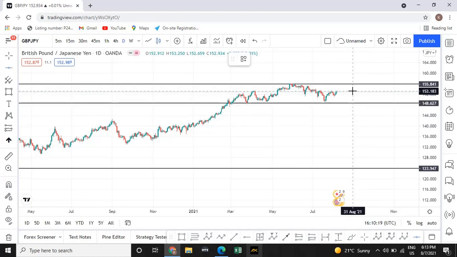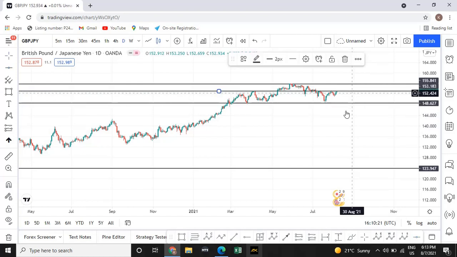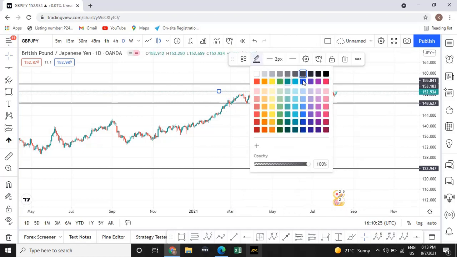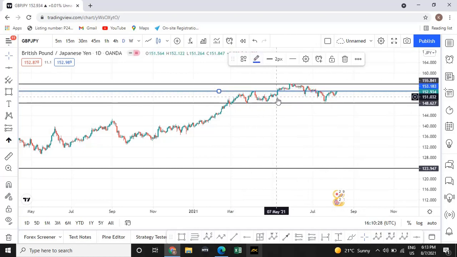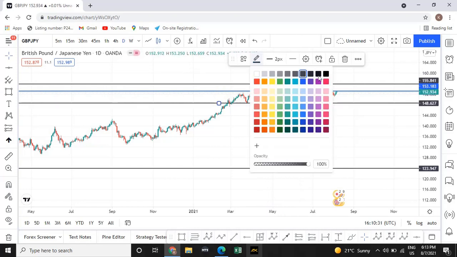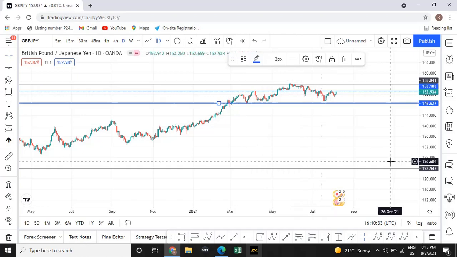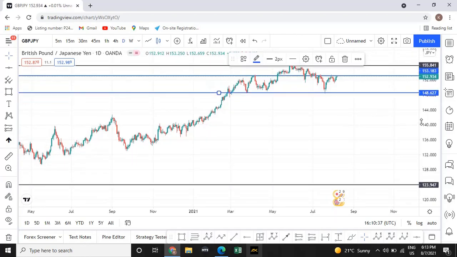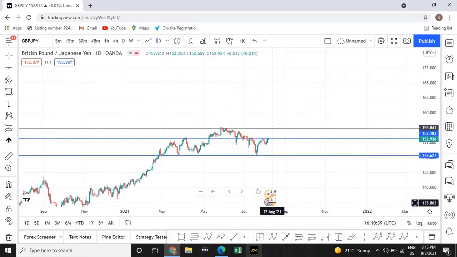If you can check here, this is our daily zones. Let me change the color first. This is our daily zones, the previous highest and lowest on the daily. Let me zoom in.